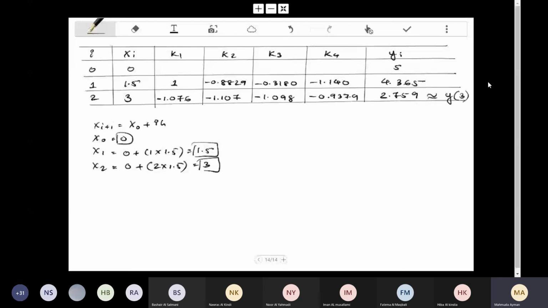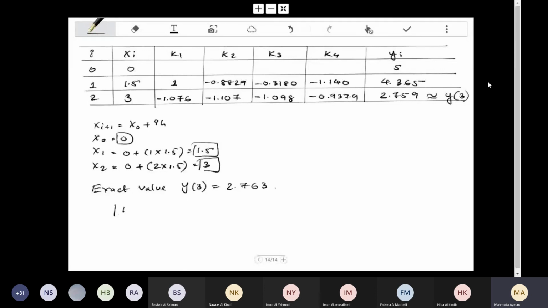Now here the exact value of the function at y of 3 is actually 2.763.